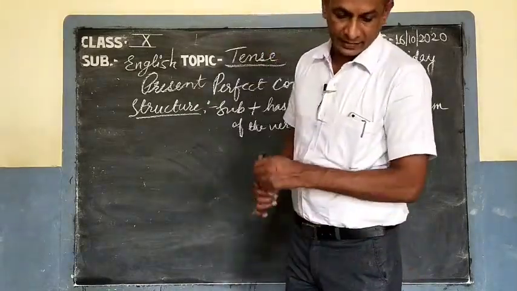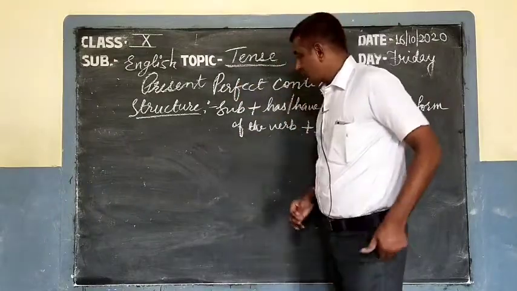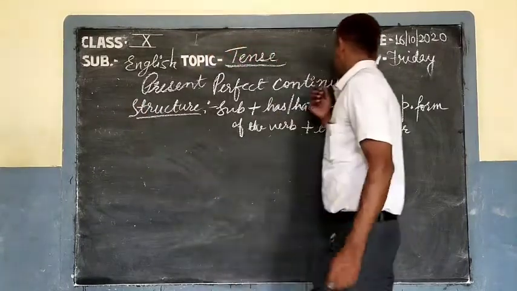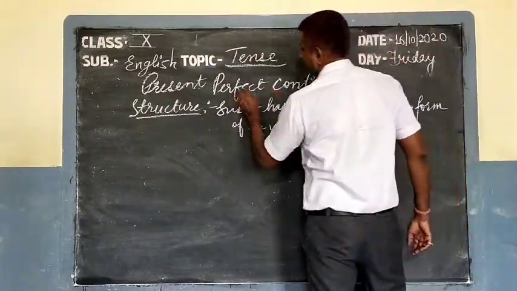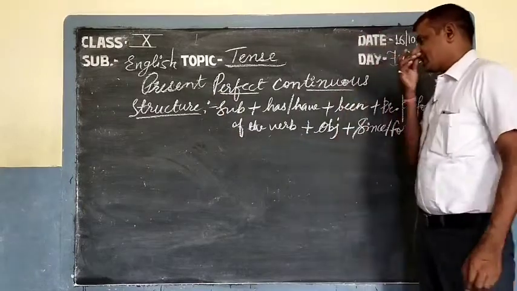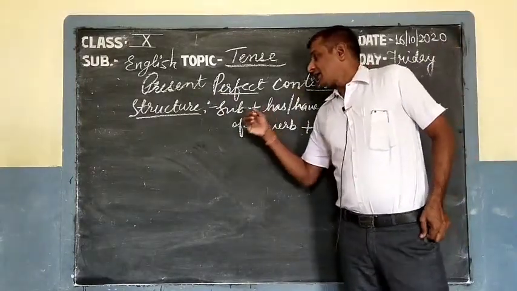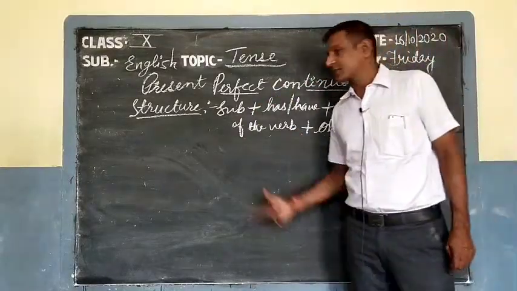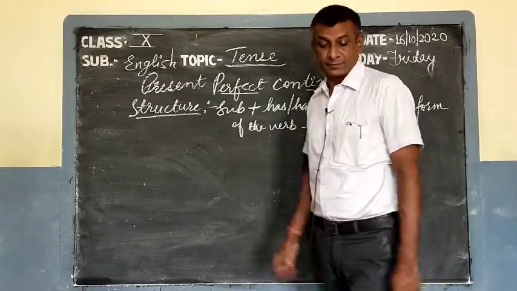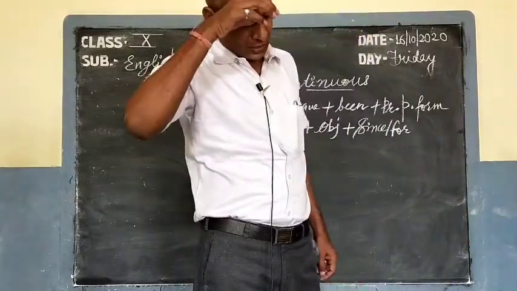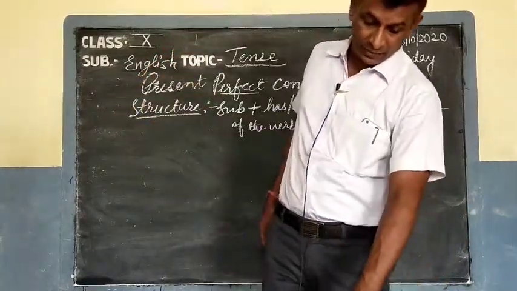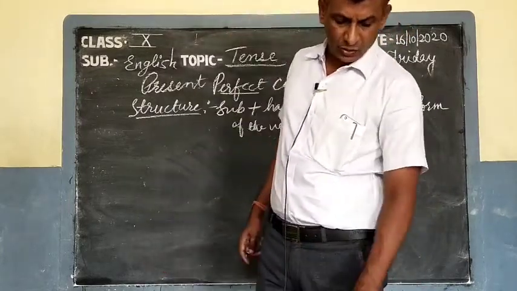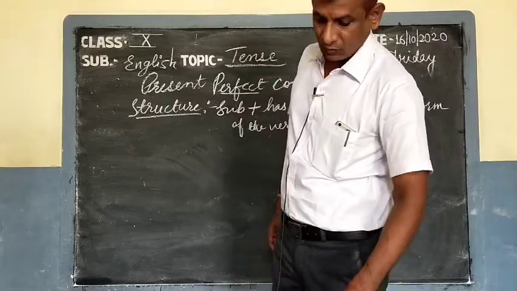In this tense, I told you, as we know, the present perfect continuous is neither only perfect nor only continuous, it is a combination of perfect and continuous both. As we did some exercises, I told you this is called the present perfect progressive also.